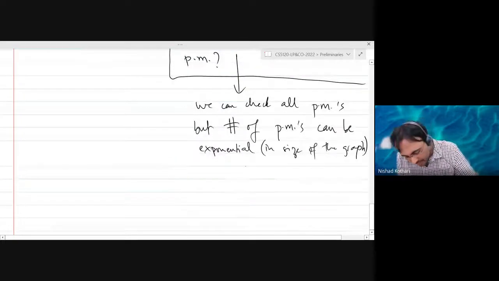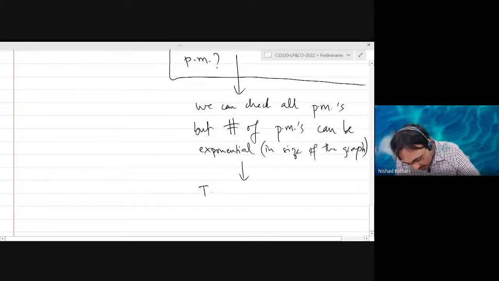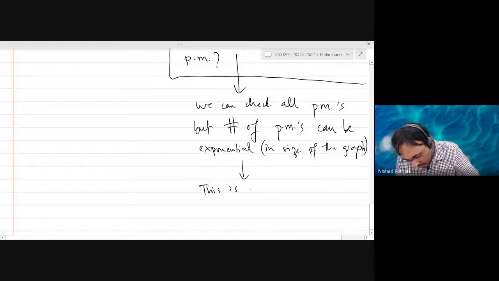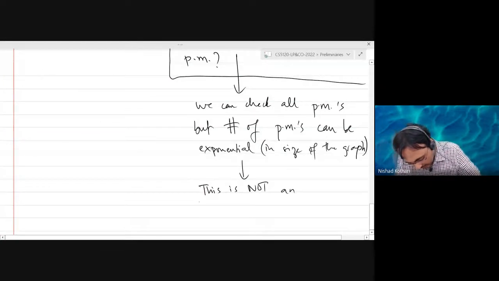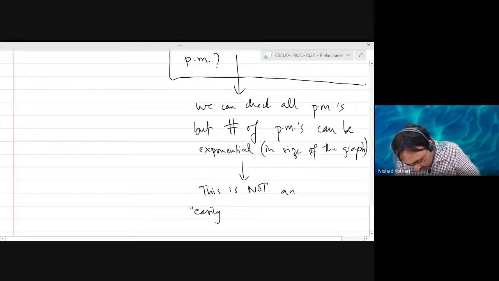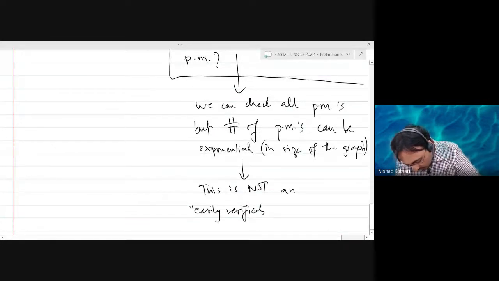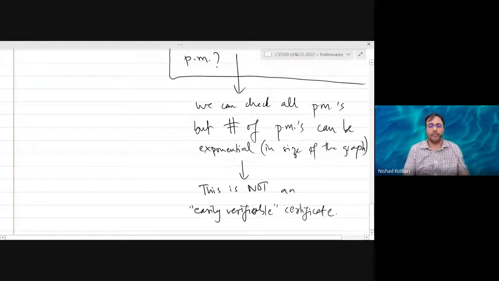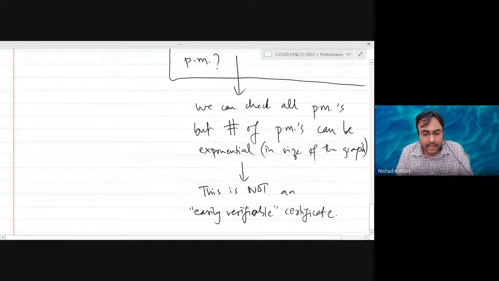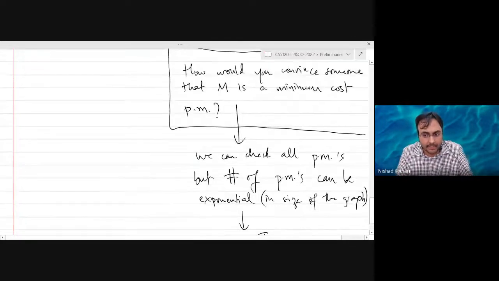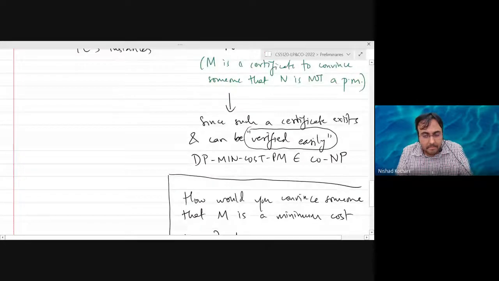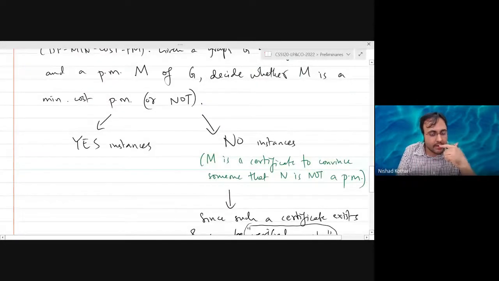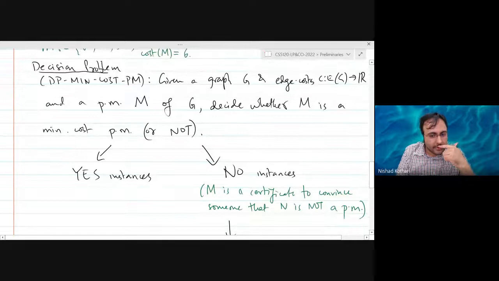So this is not an easily verifiable certificate. Okay, checking all the perfect matchings is not an easily verifiable certificate. Okay, so that is not a good way to certify yes instances.